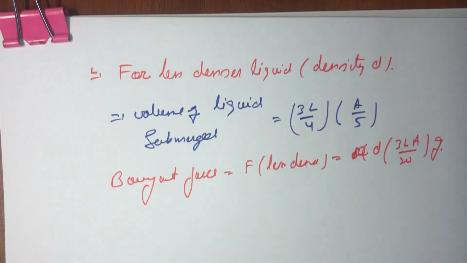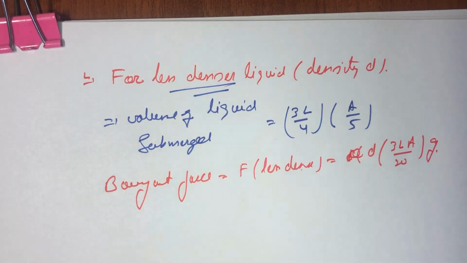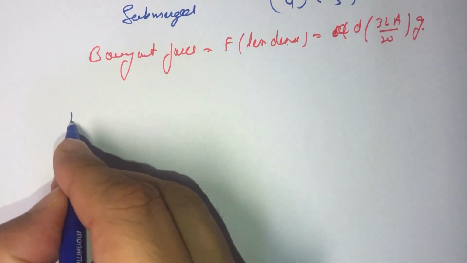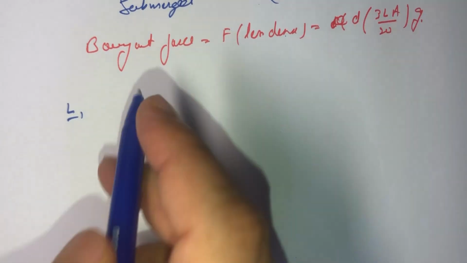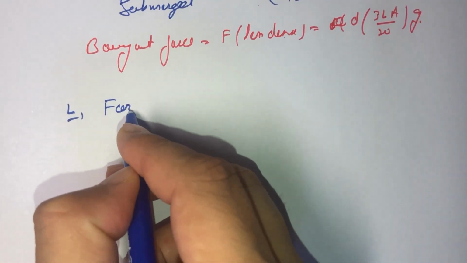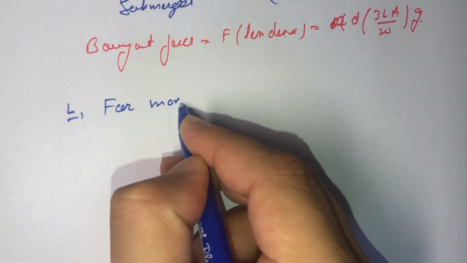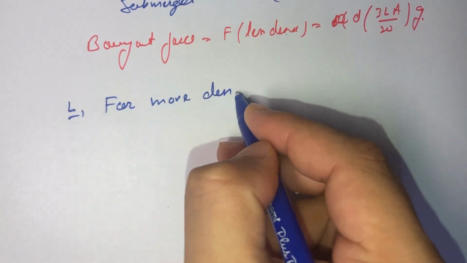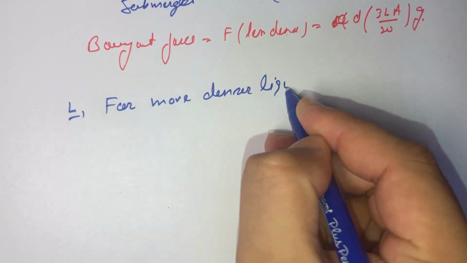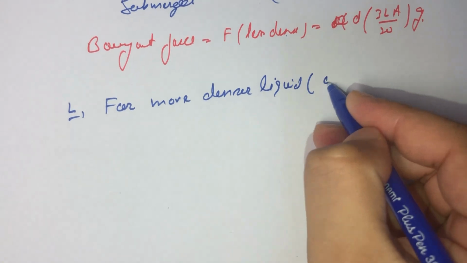Now this was for the lesser dense liquid, and let us find out for the more dense liquid, whose density is 2d.